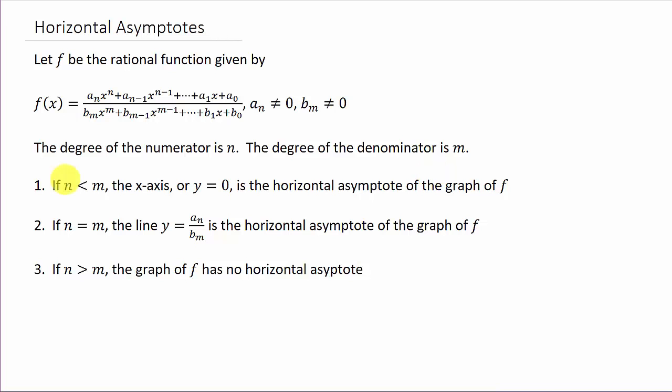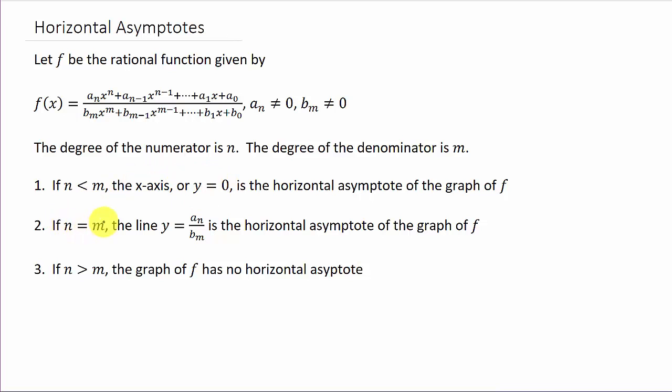All right, so if n is less than m, so if the largest exponent in the numerator is less than the largest exponent in the denominator, then your horizontal asymptote is the line y equals 0, which is also the x-axis.